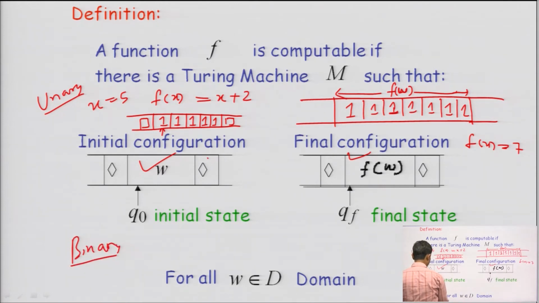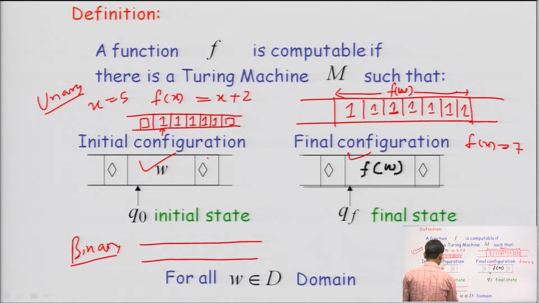If we take binary, what will be there? First this one is suppose 1 0 1, and this is the unary alphabet, this is f(x).